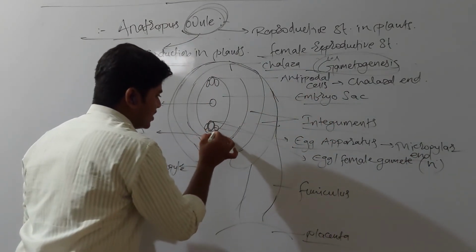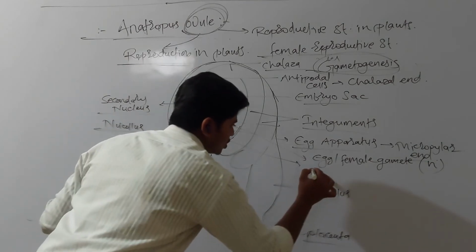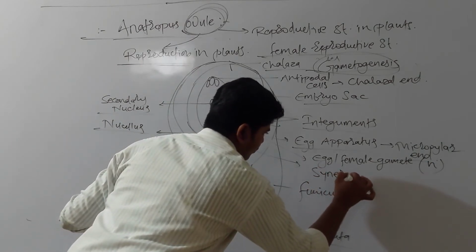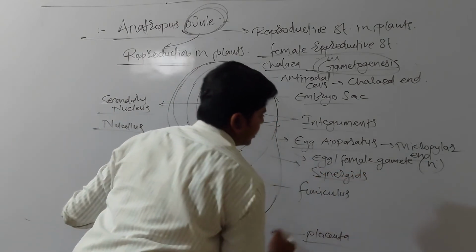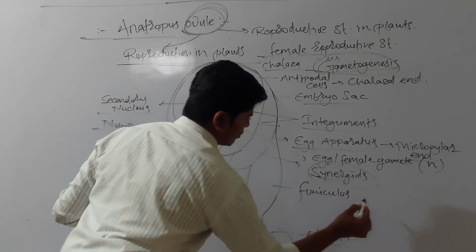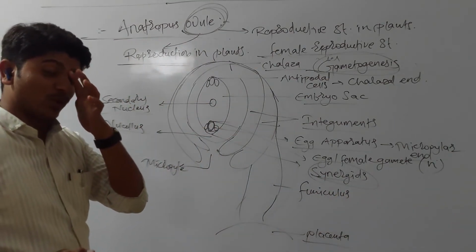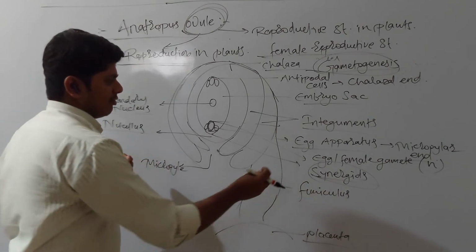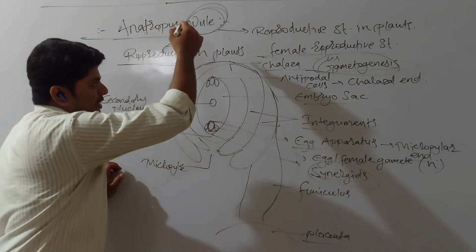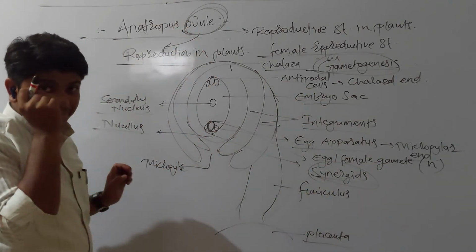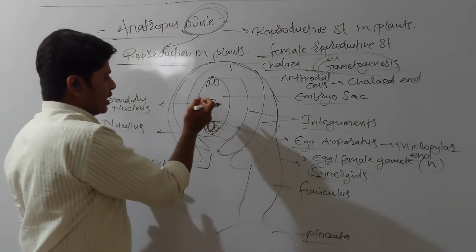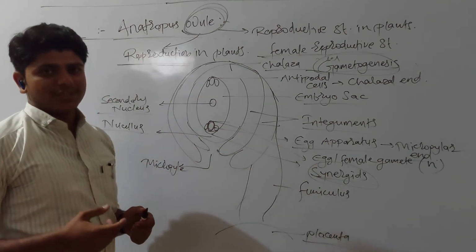And these 2 cells are synergids. These synergids also have some role in germination, because they guide the pollen tube to reach the micropyle, or the embryo sac, for fertilization.